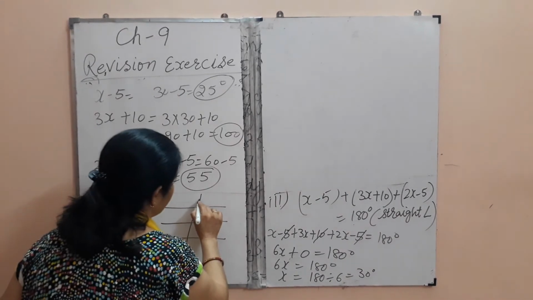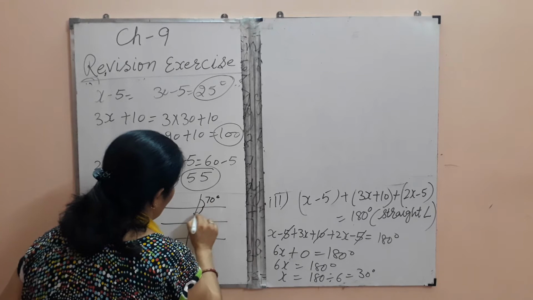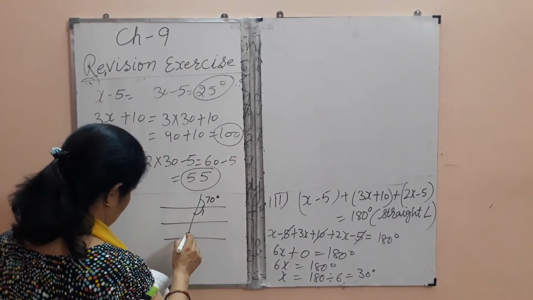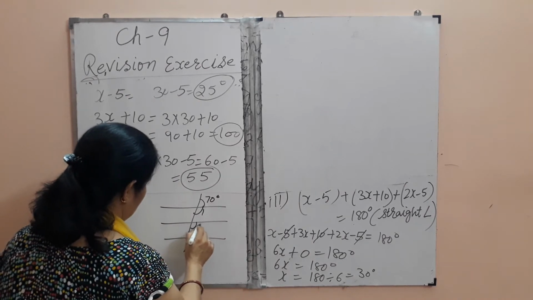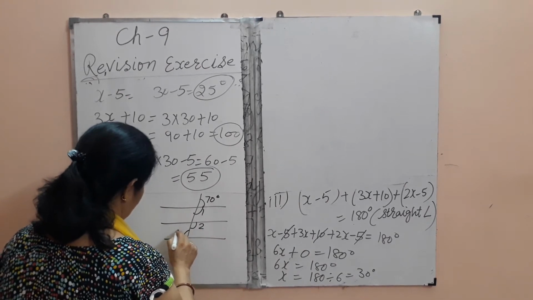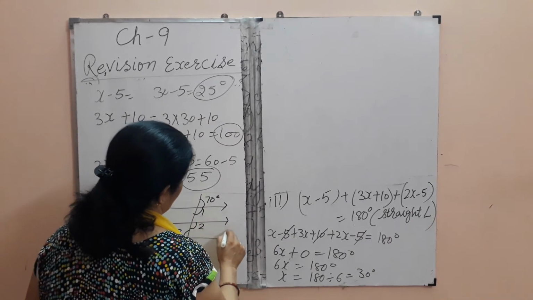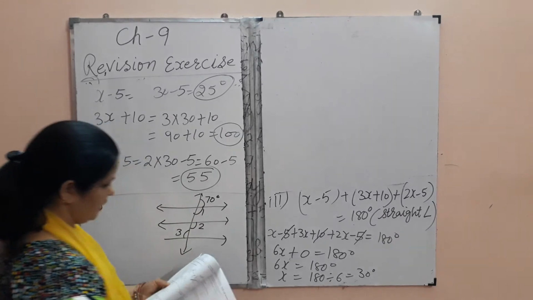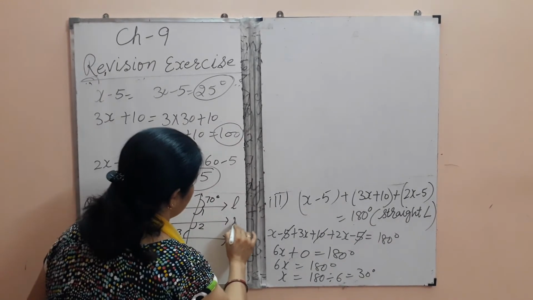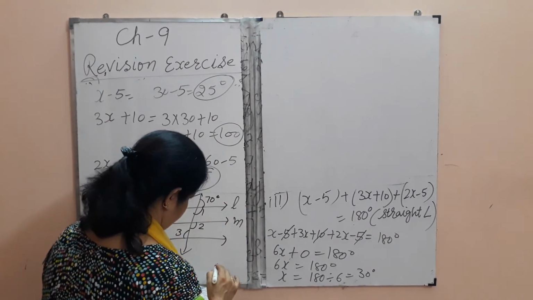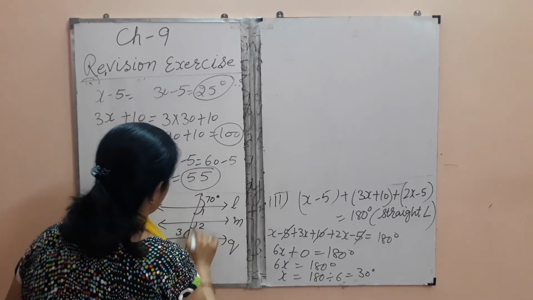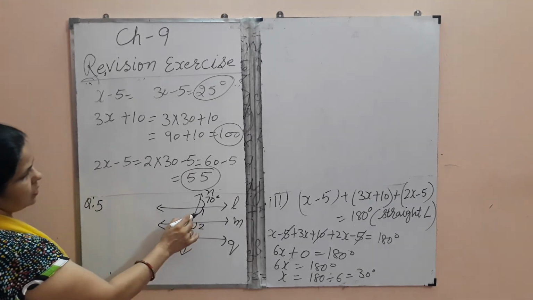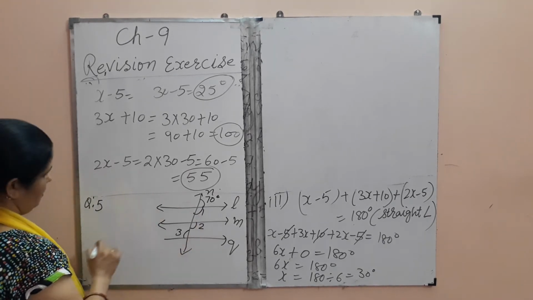We have 70, angle 1, then 2 and 3, and this is N. Now first we will find out angle 1.